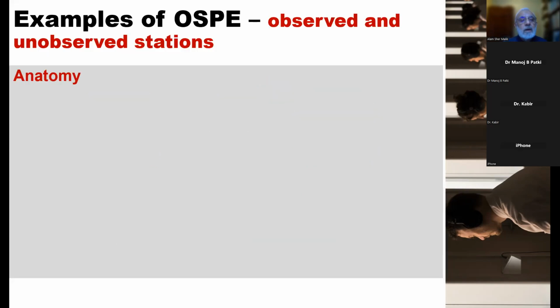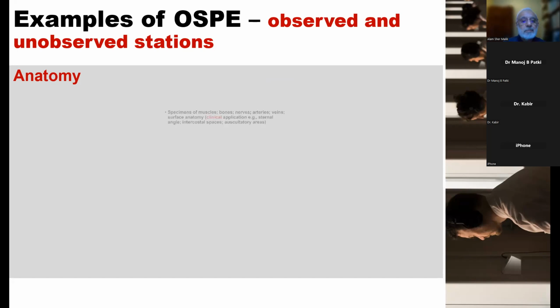Right. Now, here are some examples, and these examples are from basic sciences to begin with, both for observed and unobserved stations. I'll explain in a short while what is an observed station and what is an unobserved station.